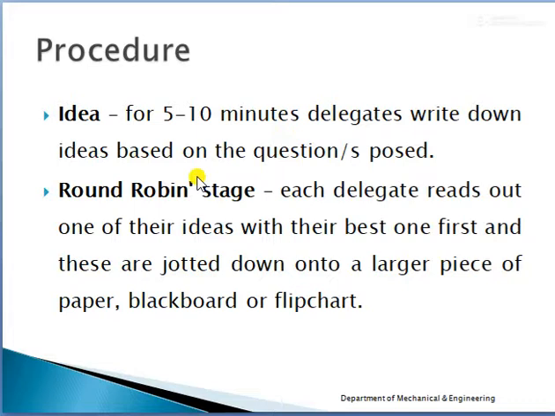It also includes having each individual come up with ideas, typically done by writing them down so that there is no influence from others. And the second component is the group coming to the best idea.